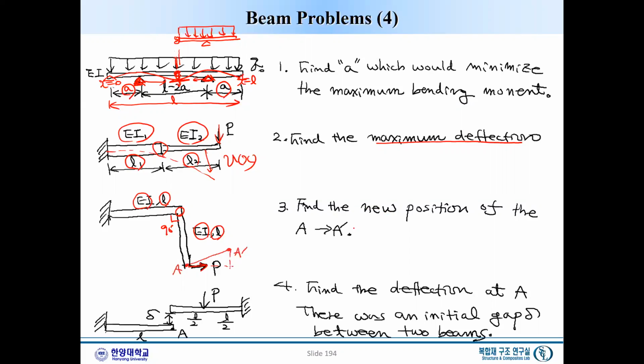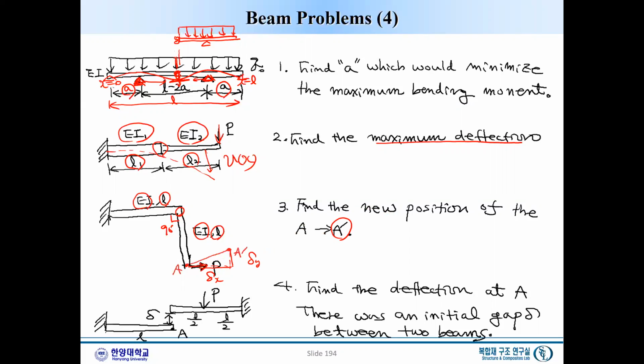So find the new position A prime, which will be the new location of point A. New position means how much we have to deflect, say delta x horizontally and how much vertically, delta y.